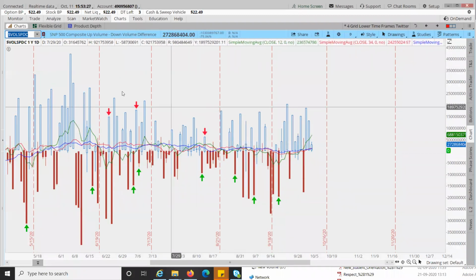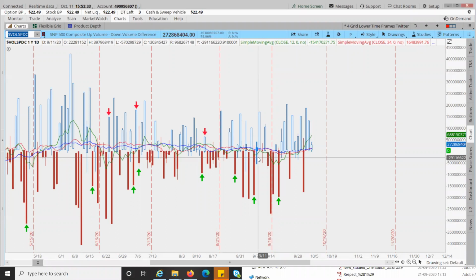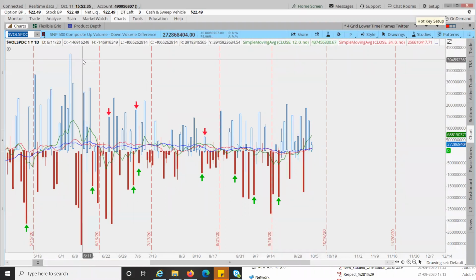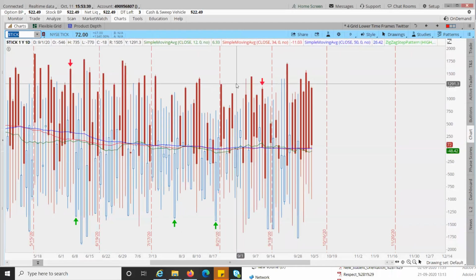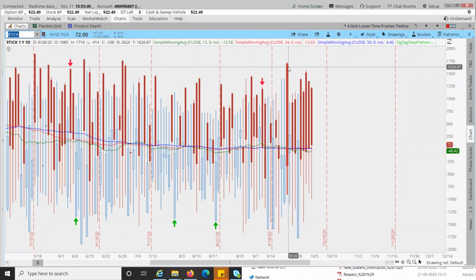As of now on S&P, this gives you a composite difference between the people who are buying or selling. If you follow tick, it is a market internal. It gives you a very clear indication where the market is directionally moving. So as of now, market is saying I'm at the peak.